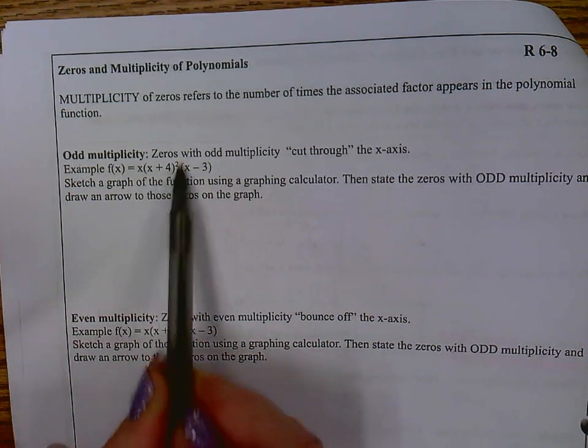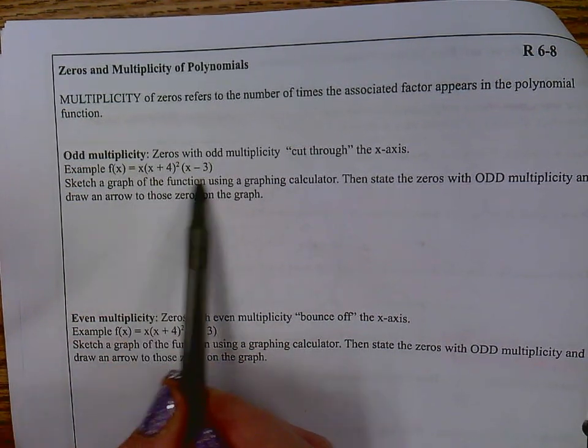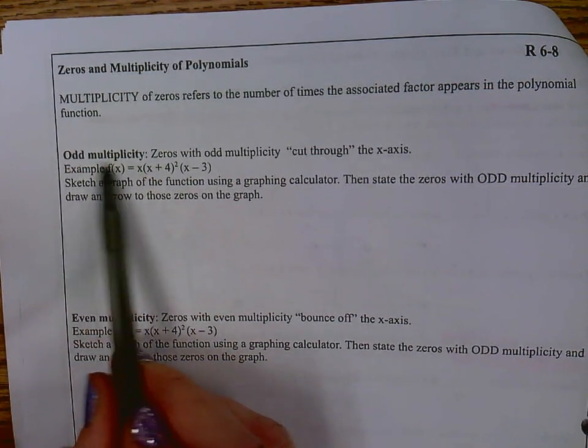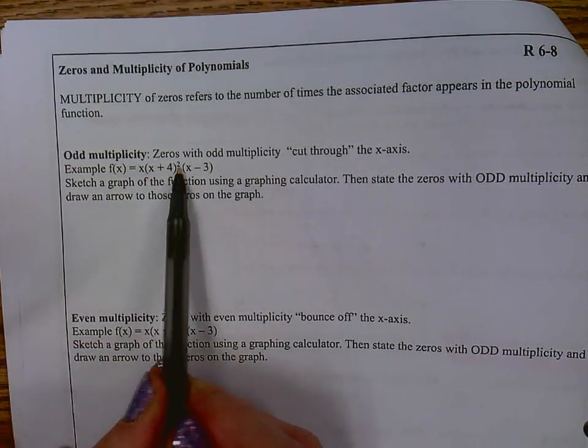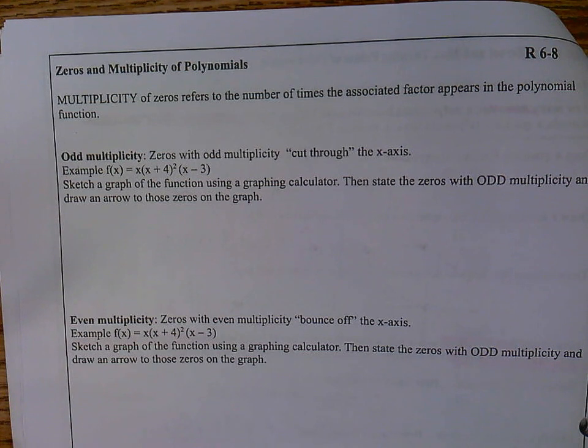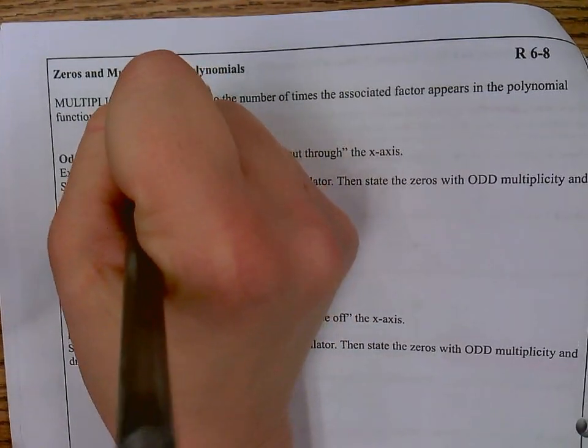So this is a polynomial that's in factored form. What are the zeros that are going to have odd multiplicity? So this 2 right here is an even number. But this guy has a power of 1, and this guy has a power of 1. So odd multiplicity is something with a power of 1.